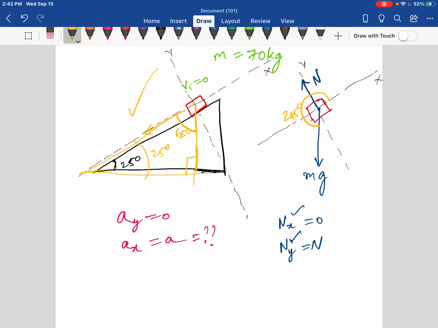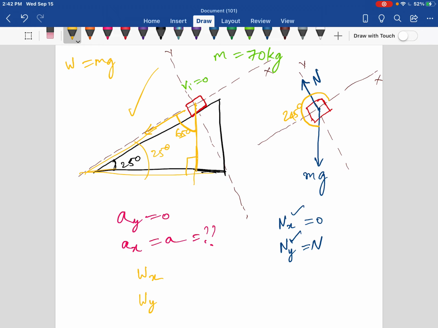Now you can split your mg into components, right? So you can say weight x and weight y. W for weight, by the way, and weight is just mg.